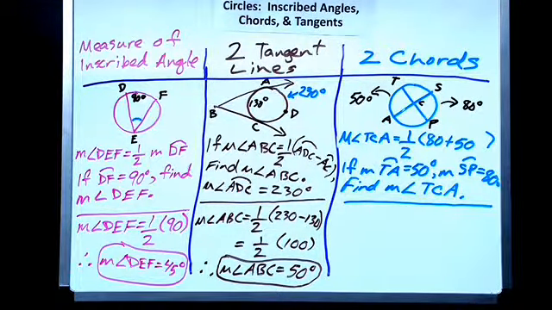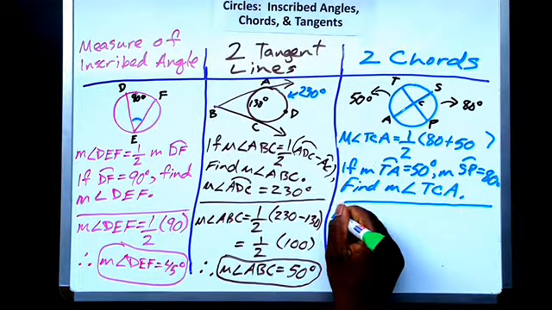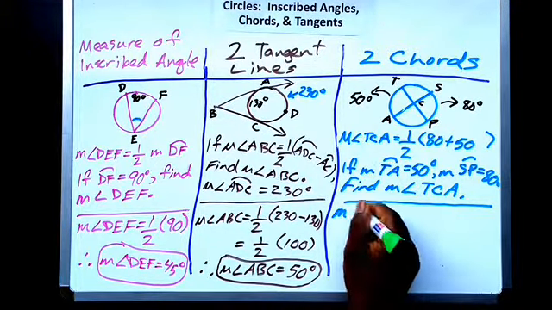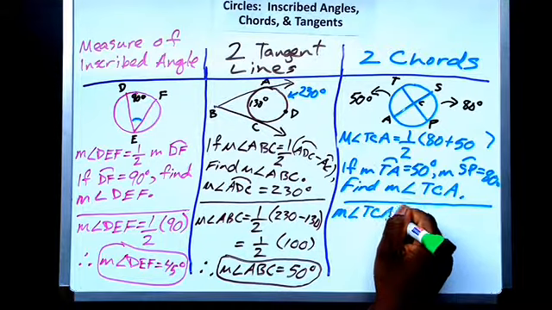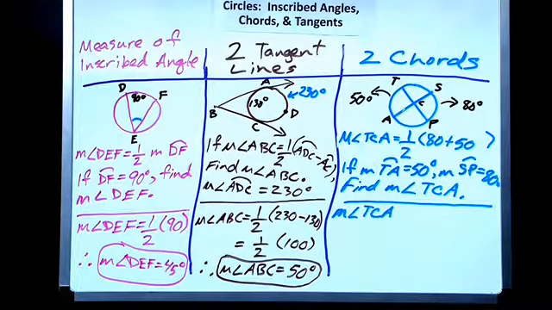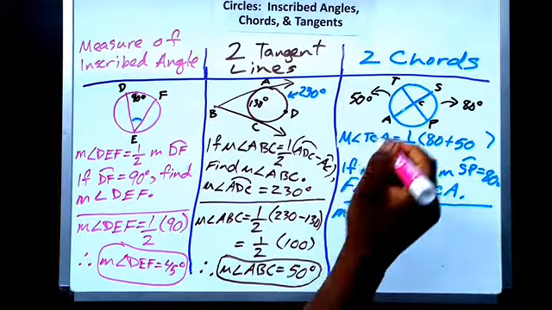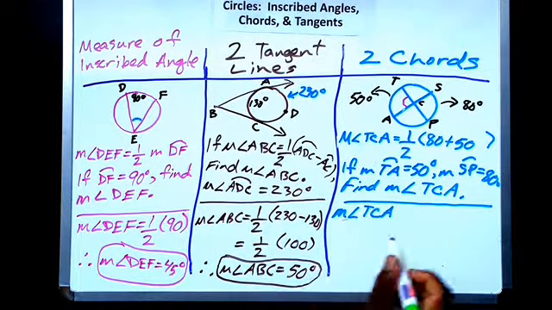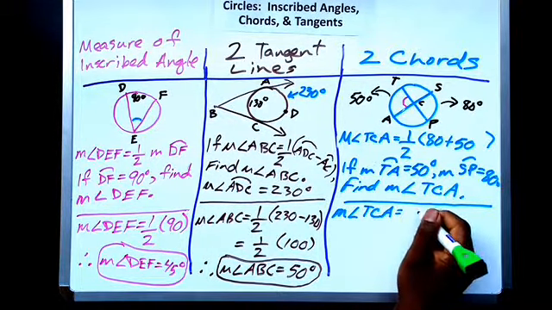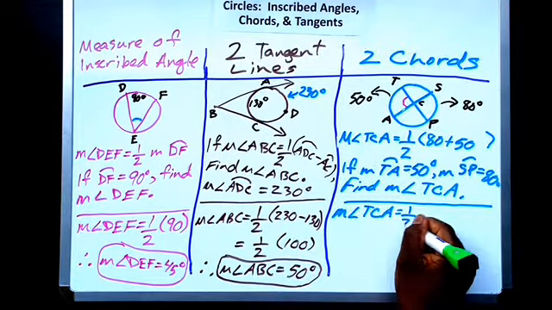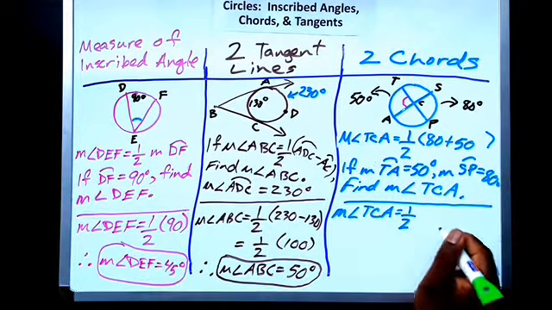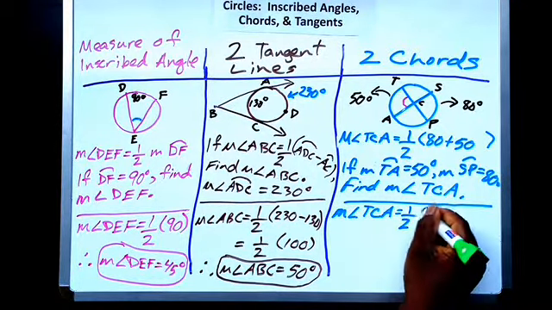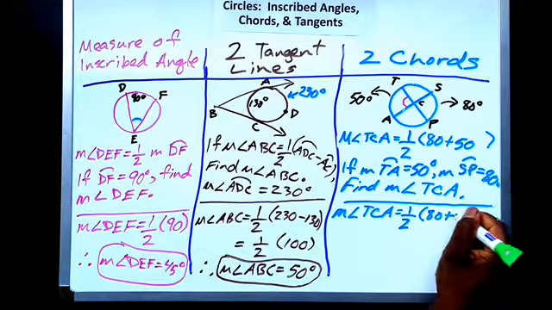So let's go ahead and do our math. So the measure of angle TCA, this is the angle that we're looking for. I'm going to mark that up here. So the measure of angle TCA, following this formula, equals 1/2 of 80 plus 50.